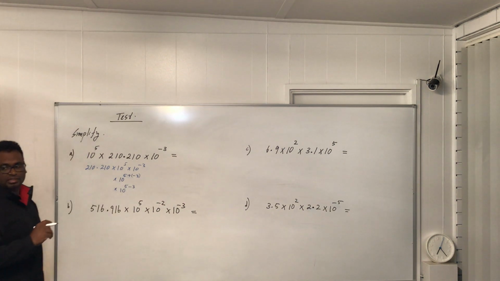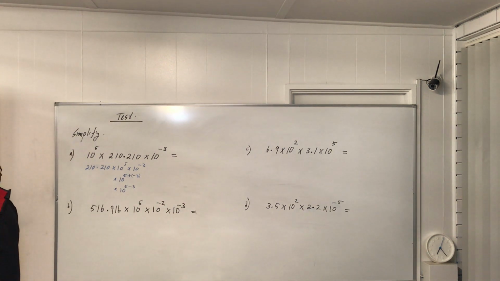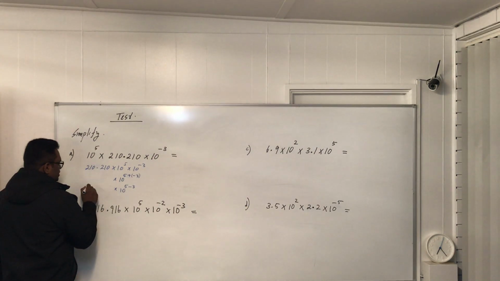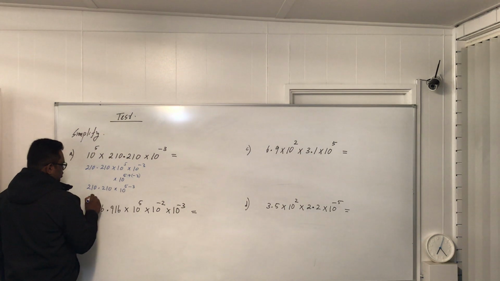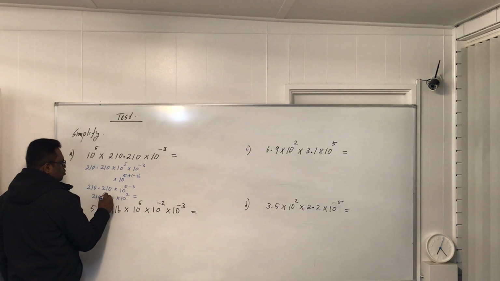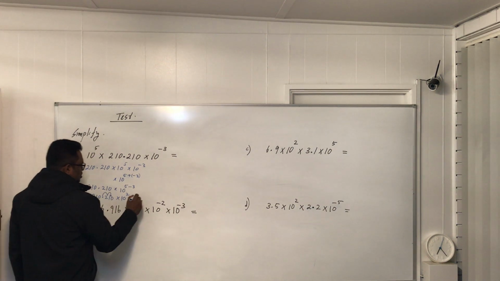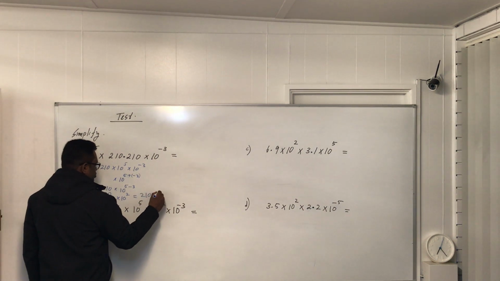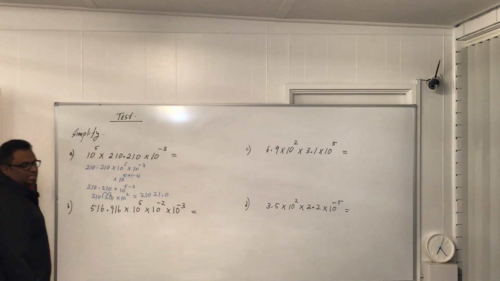You understand everybody? Then you write this one. 210 times 10 to the power 2. So that means this decimal is moved 2 places to the right. So it's 21,0. That's the answer.